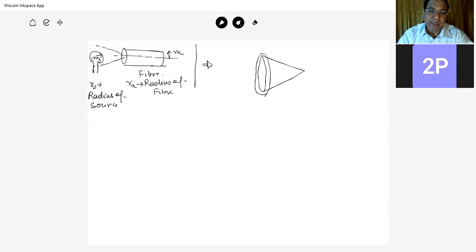This is the part of conical ray from source, and this is fiber.